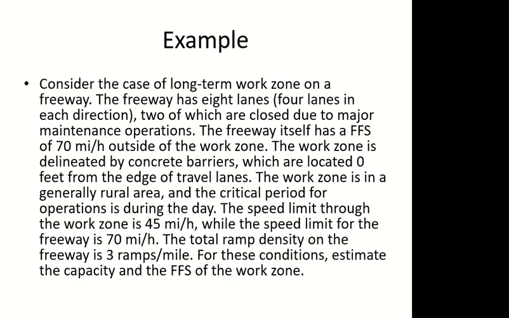Remember, I had 8 lanes. Out of 8, 2 are closed, but these 8 are in 2 directions. That means from each direction 1 is closed. So each direction has 4 lanes, and out of 4, 1 is closed.